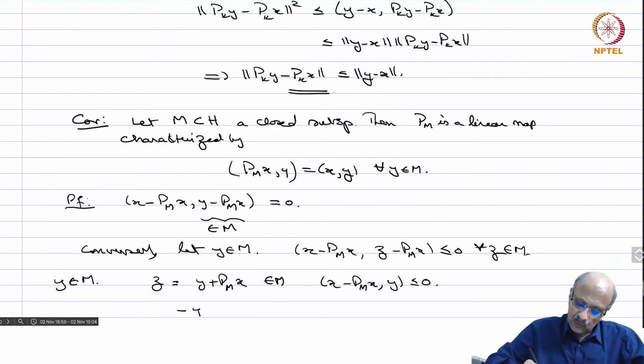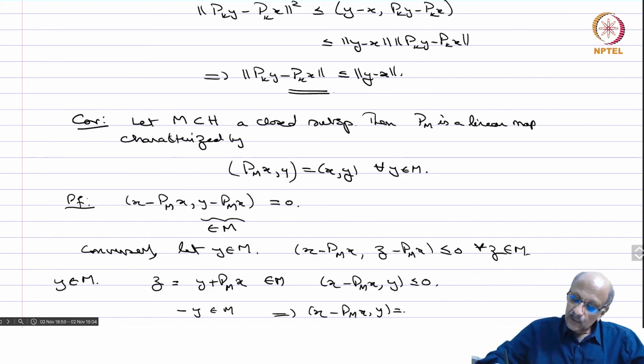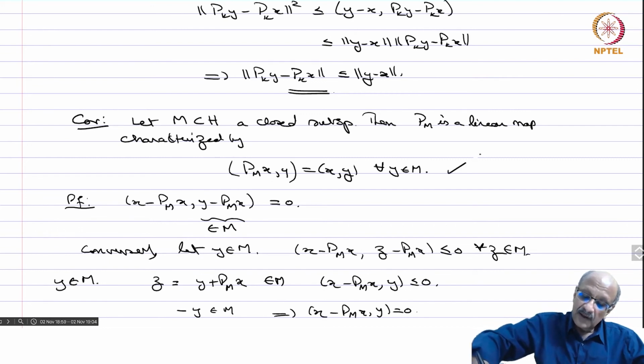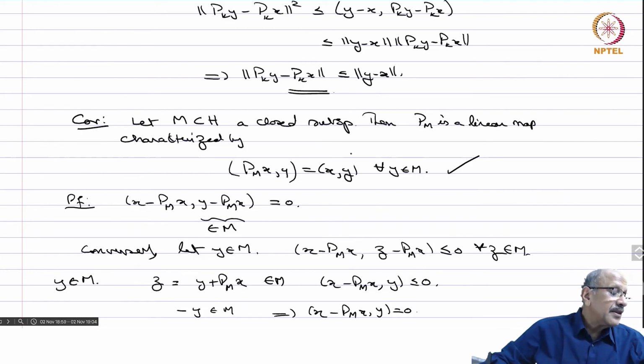But then minus y is also in M, so you have ⟨x − P_M x, −y⟩ less than or equal to 0. So this implies that ⟨x − P_M x, y⟩ equals 0, and that is exactly this particular condition. And that tells you immediately, once you have P_M defined in this way, it is linear. Okay, so you can easily check from this that P_M is a linear map.